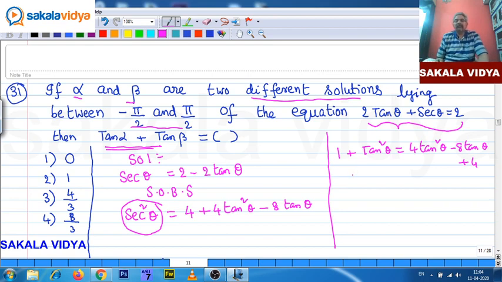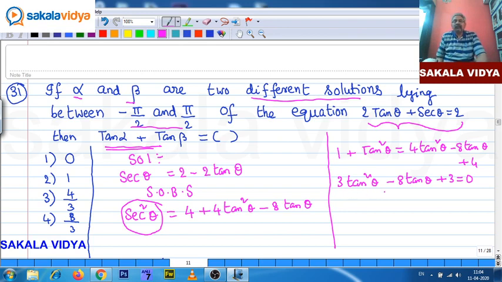So now 4 tan square theta minus tan square theta, you get 3 tan square theta minus 8 tan theta. 4 minus 1 is 3 equals to 0. Okay.